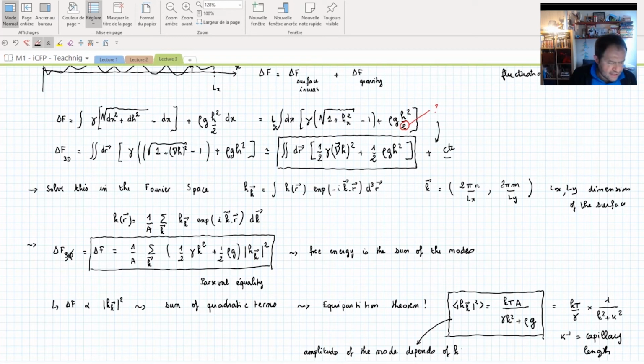So the question is from Adrien: what happens to the sum? Sorry, Adrien, here I just said that I will use a discrete sum. I will use discrete modes for the sum. So there is no decay.